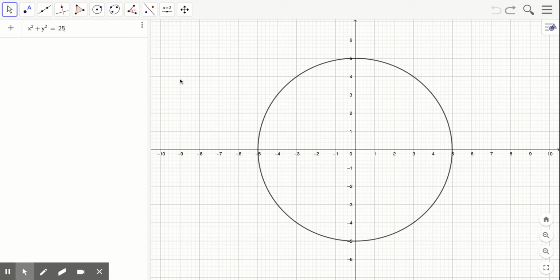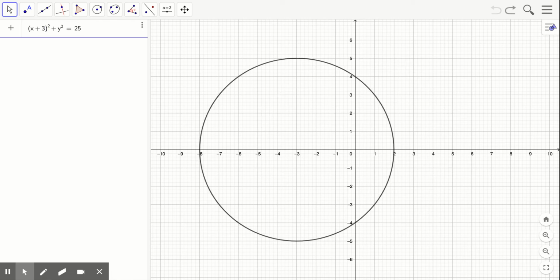If you want to center it somewhere else, you shift the x to move it horizontally, or you shift the y. What I mean by that is I'm going to go in here, and before I square it, I'm going to add or subtract to the x. So let's do that.